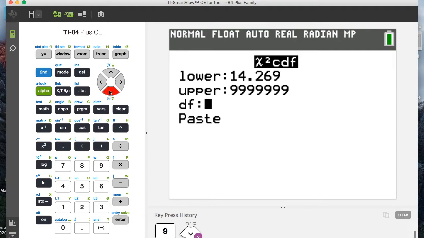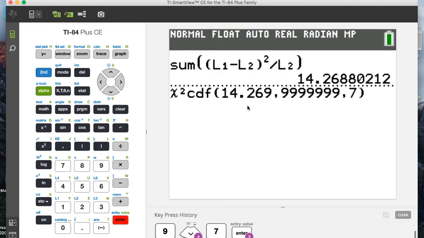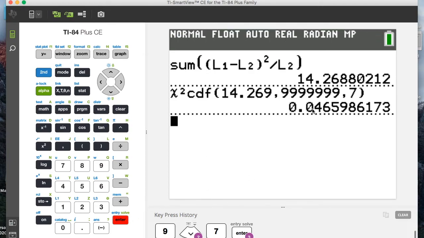Our degrees of freedom was 7. Go down to paste. If you have the older calculators, you're going to go right to this function. Just do 14.269 comma 9999 comma 7. Hit enter, and we have 0.047 would be our p-value. So there's our two scores that we want from our calculator.